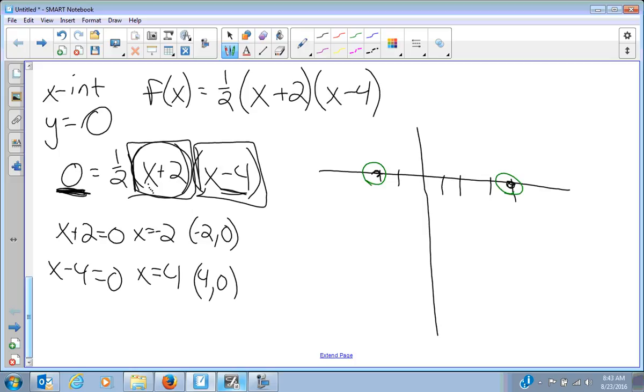So if I look at that, 1, 2, 3, 4, 5, 6. Where's my vertex going to have to fall? Where would it be halfway between them? 1, 2, 3. My vertex is going to have to fall somewhere on this line. Now, I don't know how high, and I don't know how low.